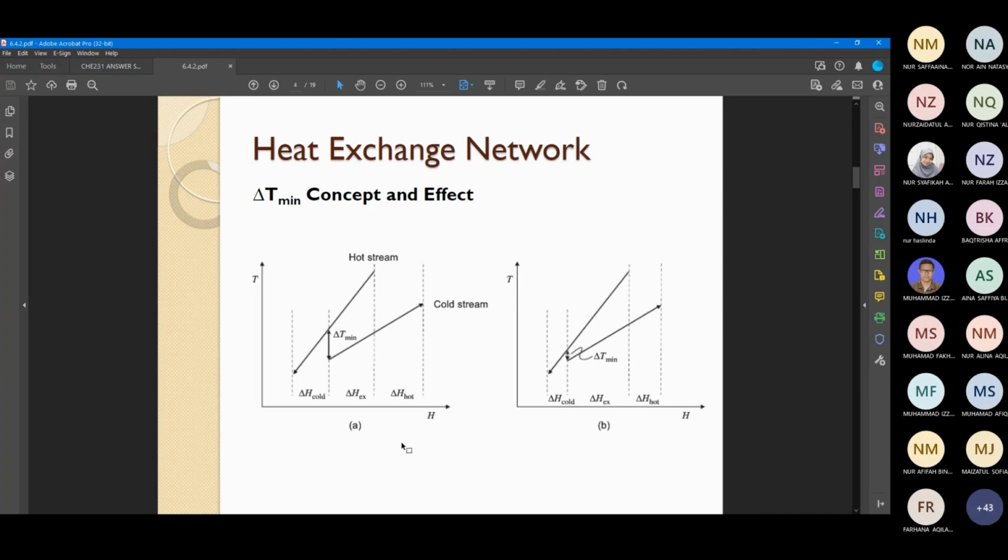But if you cannot manage that, at least follow the guide materials recommended and practiced by the industry, which will give you an effective choice for determining the delta T minimum.